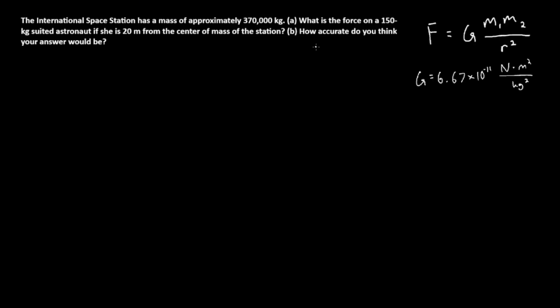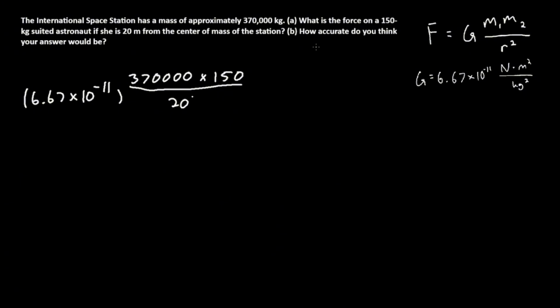Now, in this problem, it's sort of the same thing. We just plug in, but part B is more conceptual. So let's plug in what we know. Obviously, we need to plug in the gravitational constant, and we need to multiply the mass of the ISS, which is 370,000, times the mass of the person, 150 kilos, suited. And she's 20 meters away from the center of mass, so this is 20 squared.